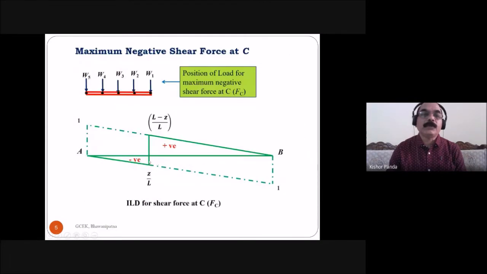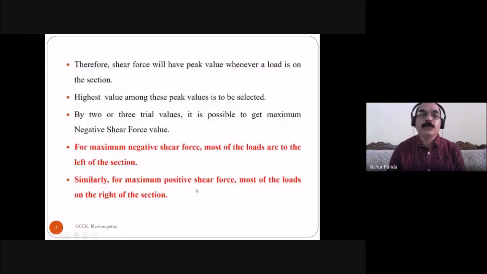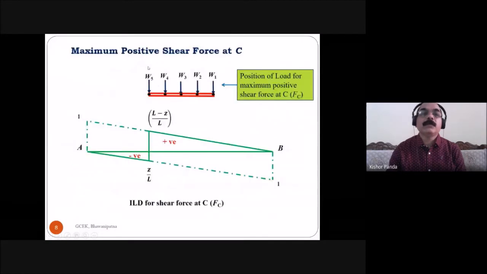So for negative shear force, most of the loads are to the left of the section. Similarly, the maximum positive shear force occurs when most of the loads are on the right of the section.